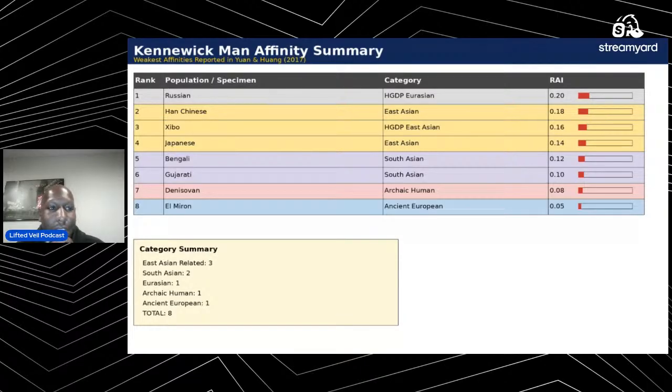All right. What's also important is that he didn't show affinity with Denisovans. And this is what the authors of this study used to support the Solutrean model. Because if the migration was from Eurasia, whether West or Central Eurasia, to the east through the Bering Strait, they're implying that they should have had more genetic contact with Denisovans.